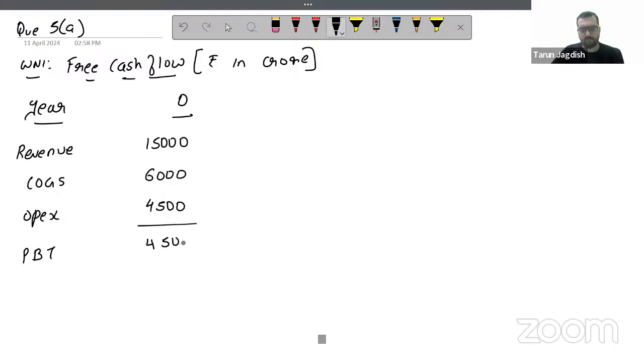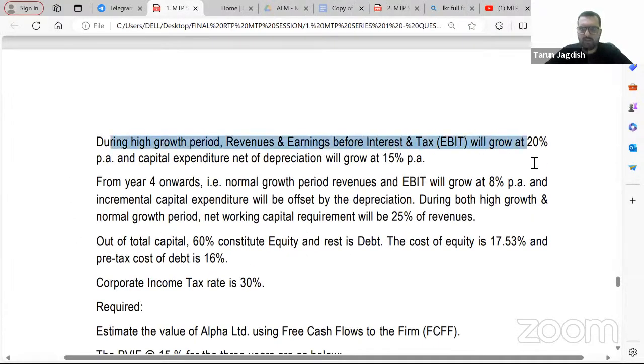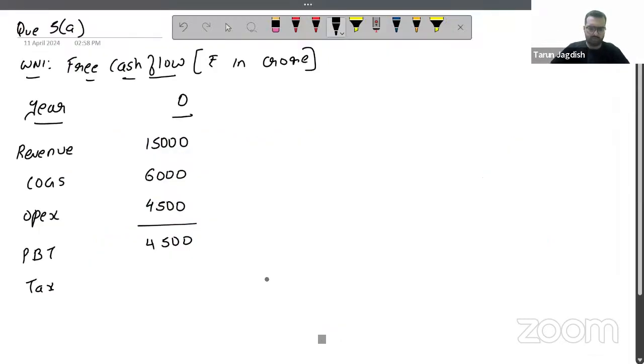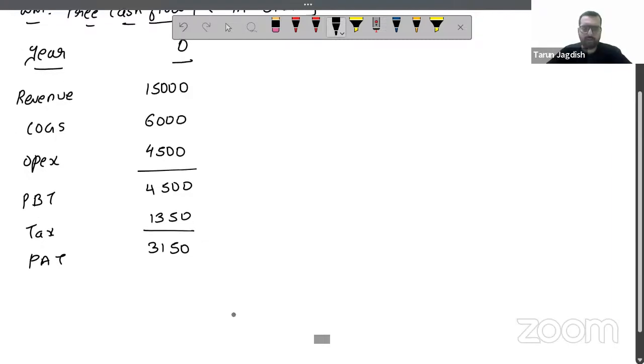That will be 4,500. From this, what we have to reduce? We have to reduce the taxation part, correct? How much is the tax rate given in the question? 30%. It's given as 30%. So how much is this into 0.3? 1350. So we have to find out the profit after tax. That will turn out to be 3150, the PAT.